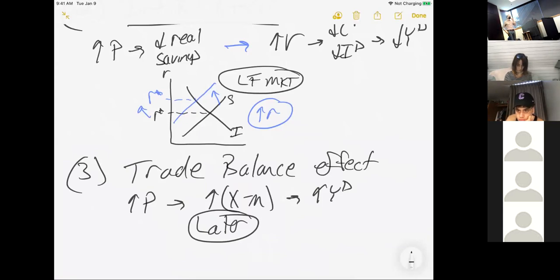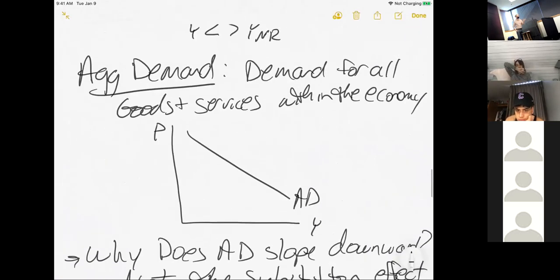Okay, so that's aggregate demand. Once again, a negative relationship between the price level and real GDP. Now, just like when we talked about regular demand curves, we talked about why a regular demand curve would slope downwards.